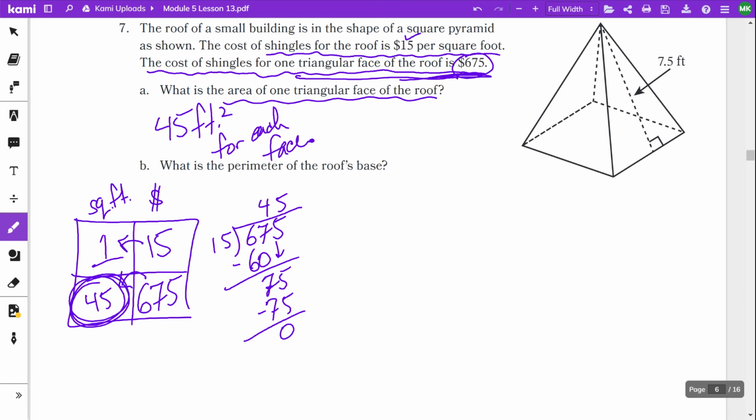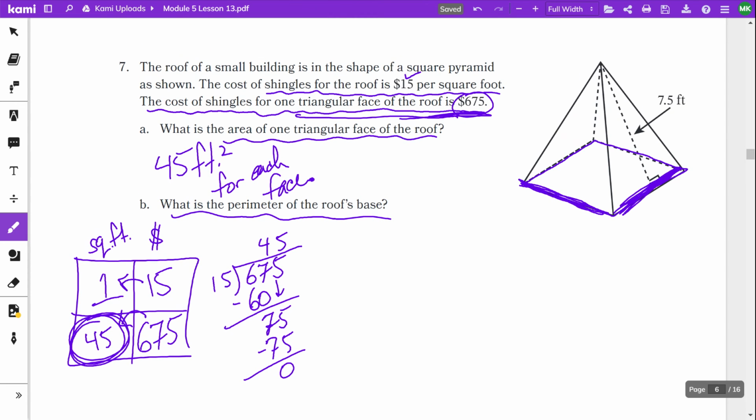All right. So now what they want here is the perimeter of the base. Well, for the perimeter of the base, I need this distance all the way around, but I don't know any one of these guys. But wait a minute, it's the same as this guy. What I do know is the area of one of these triangles.